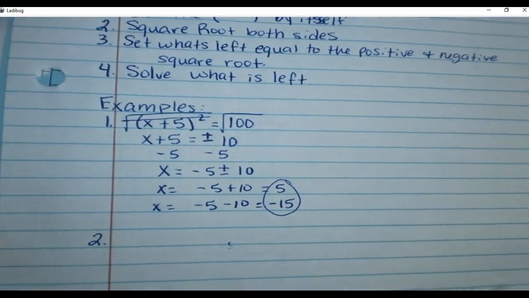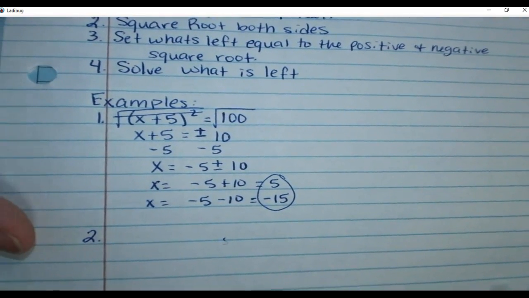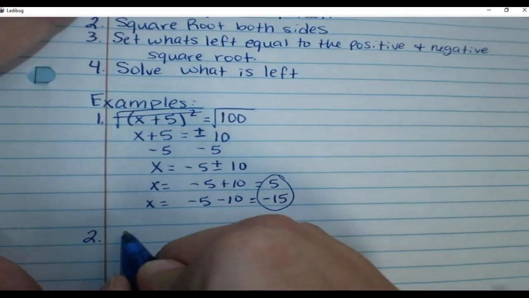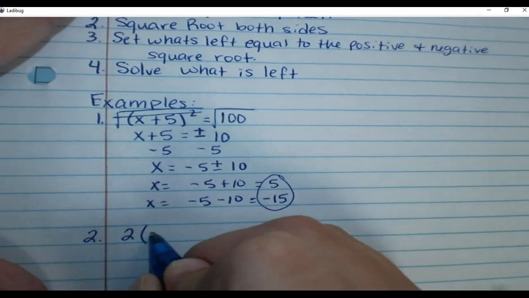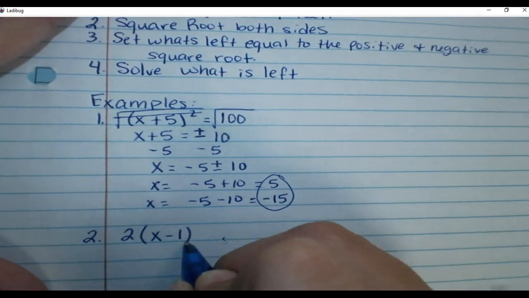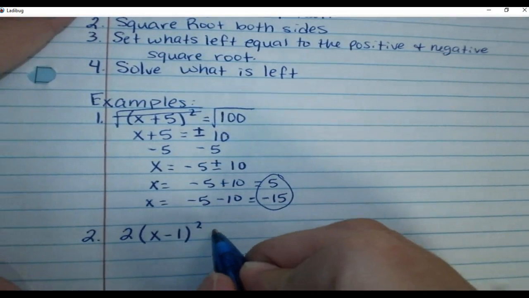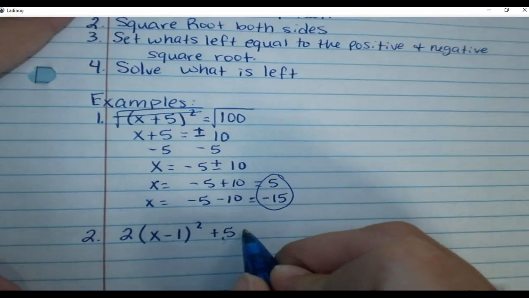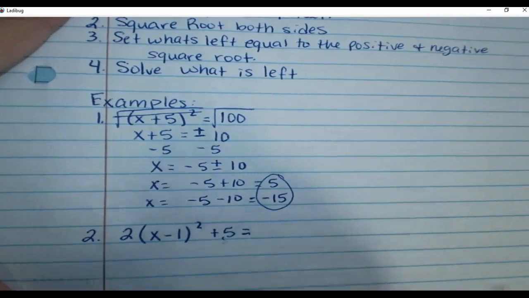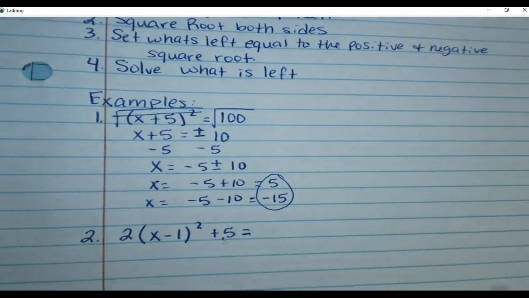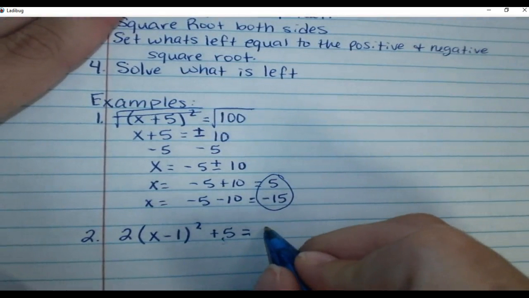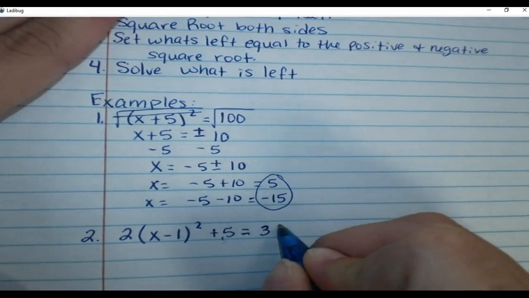Alright, let's look at another one then. So let's say we have 2(x minus 1) squared plus 5 equals 35.